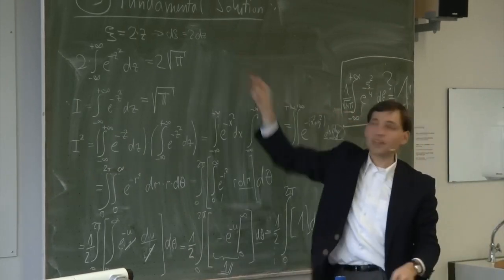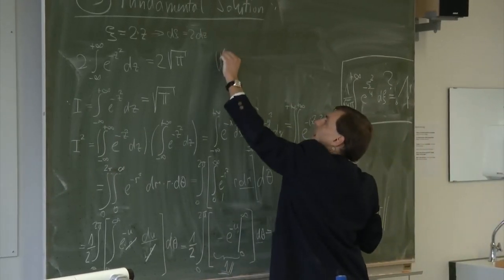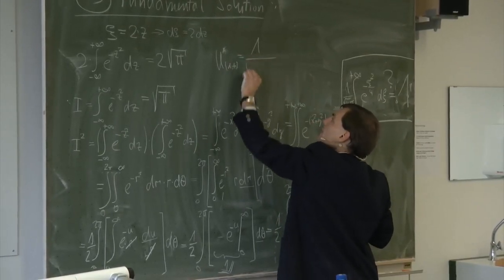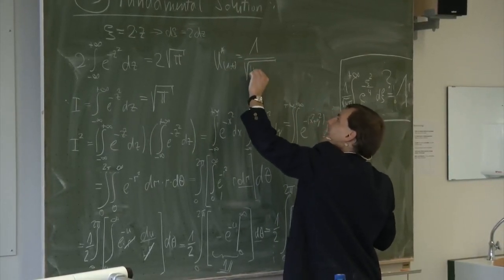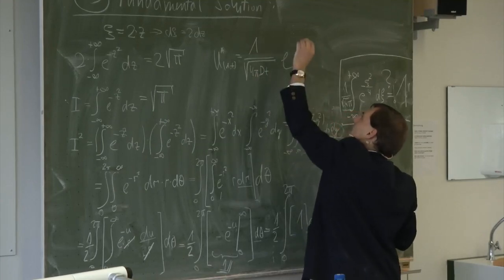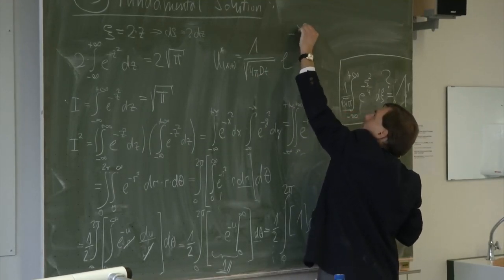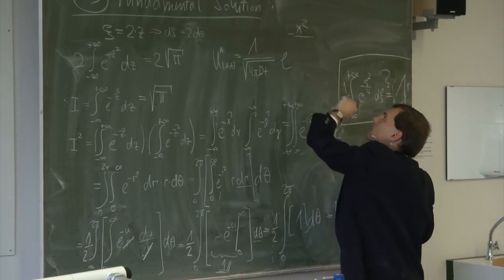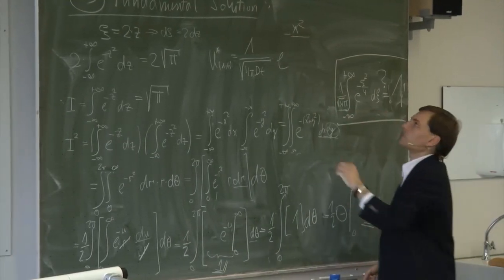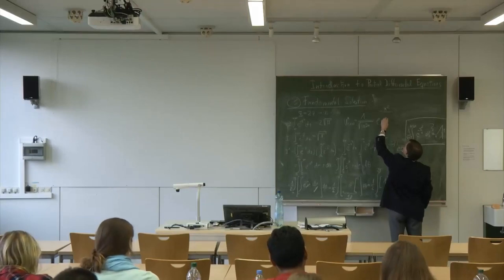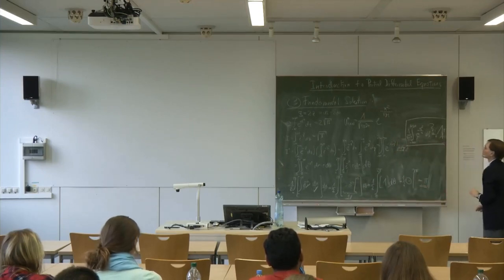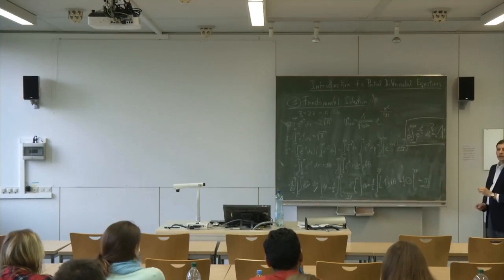If you go back to the fundamental solution, can I write down the fundamental solution again for x and t? It is 1 over square root of 4 pi dt, e to the minus x squared over 4 dt, I think, if I'm right.